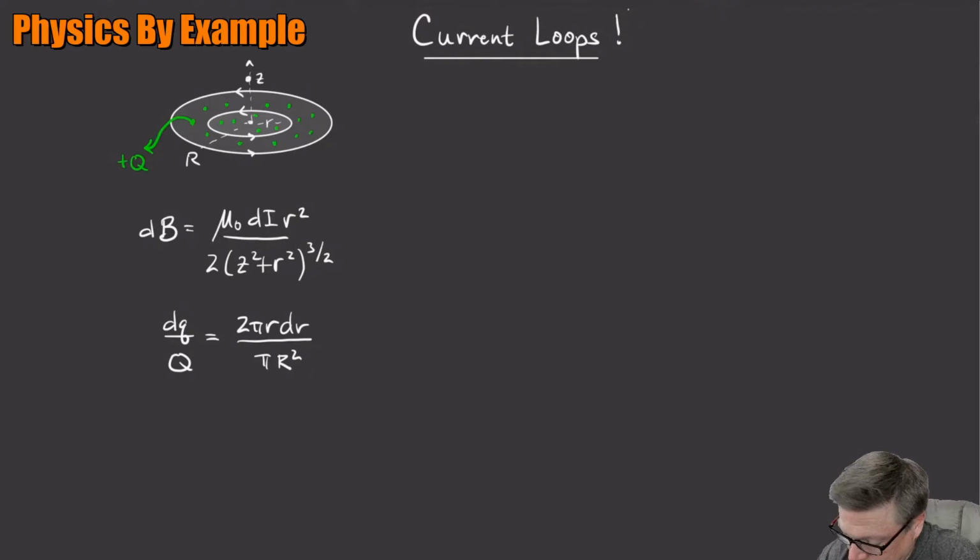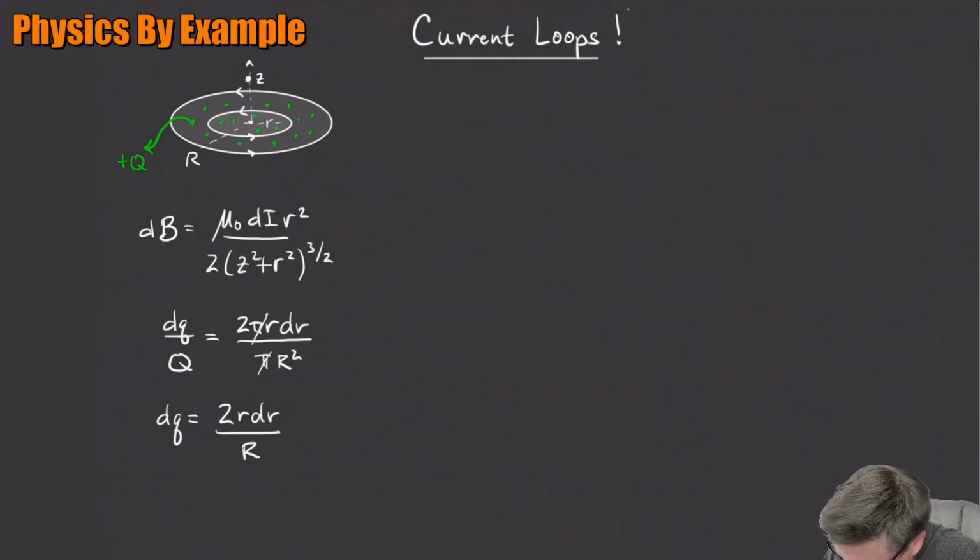Well, the pi's cancel out, right? So our little bit of charge dq is just going to be 2r dr over big R squared.